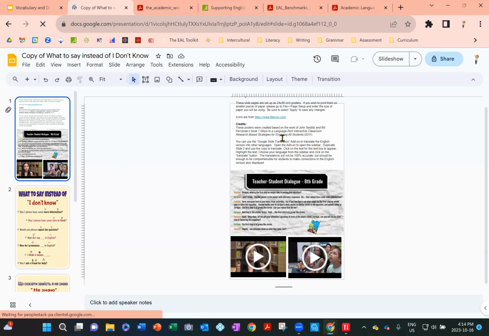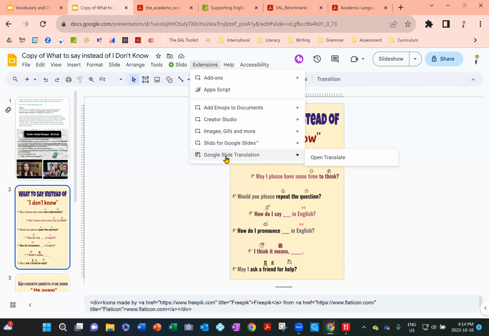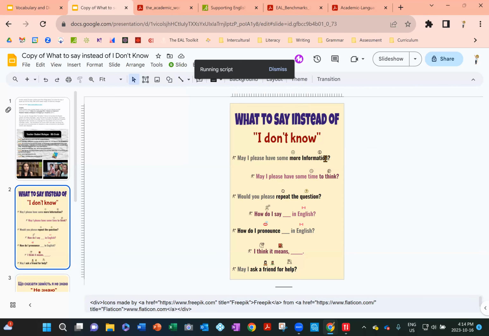There are a few instructions here on how to use this resource, and also a couple of videos to see it in action. I've also embedded a little translation feature in here. If you go under the extensions, you can see Google Slide Translation, and then you can open Translate.